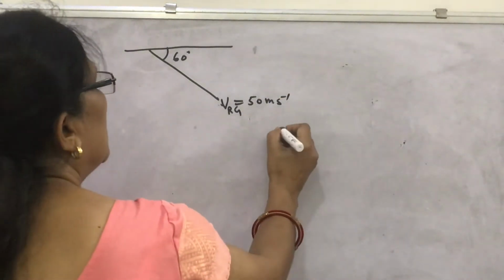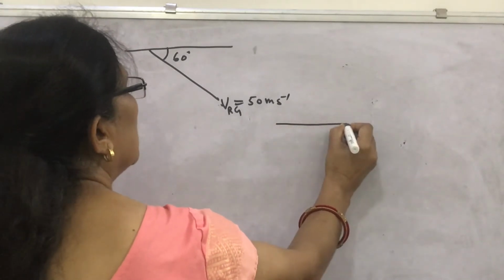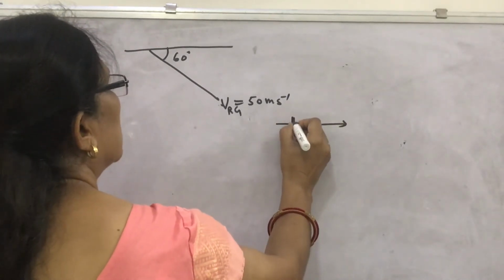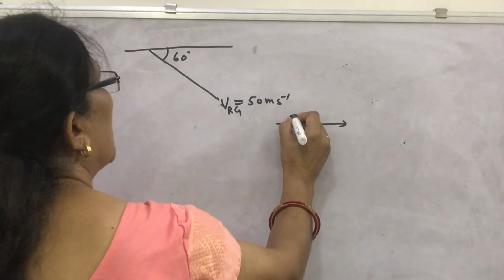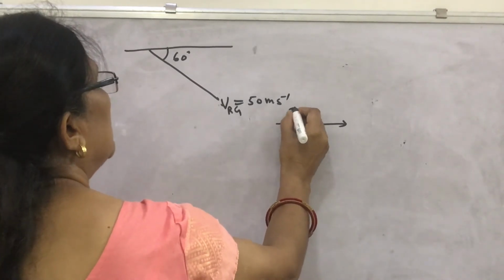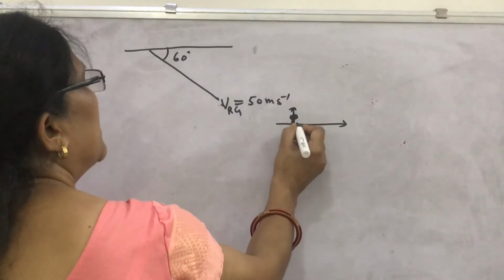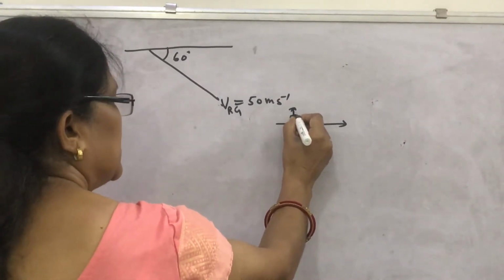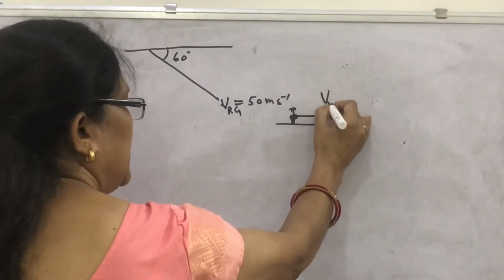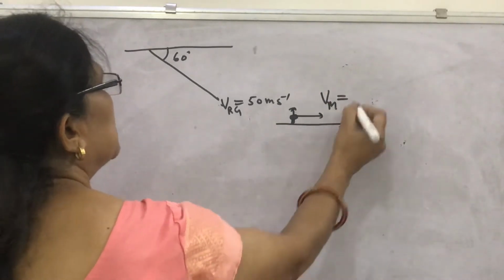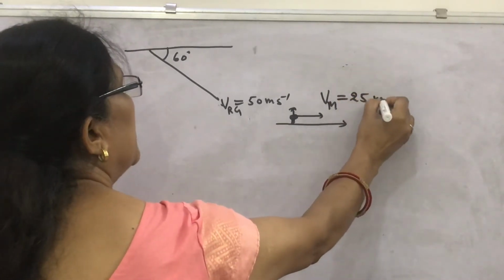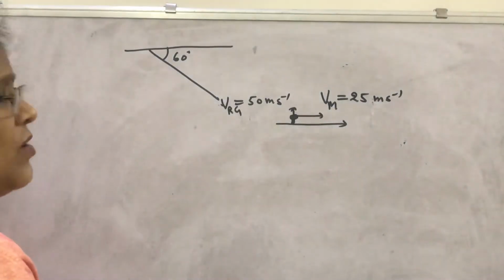A man is also moving in this direction, suppose that is the person, having an umbrella in his hand. Then in what direction does he have to open the umbrella to protect himself? The man's velocity is also given, suppose 25 meter per second.